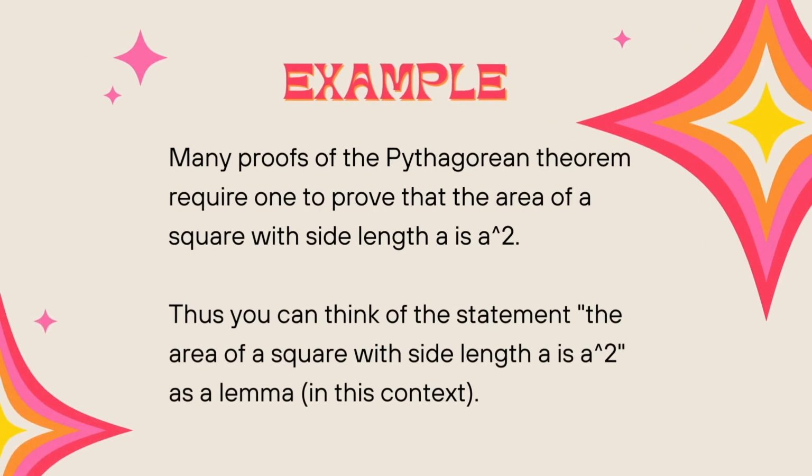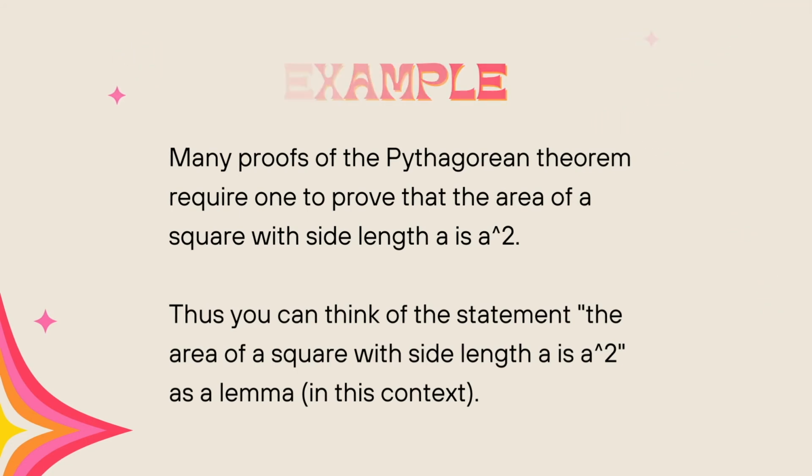For example, there are so many different proofs of the Pythagorean theorem, but many involve squares and many require you to know that the area of a square with side length a is a squared. In the context of the Pythagorean theorem, you can think of the statement, the area of a square with side length a is a squared, as a lemma.